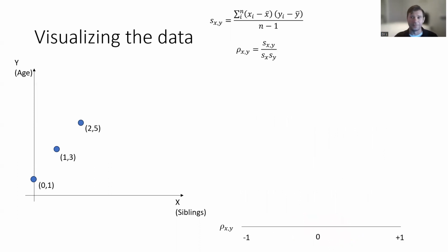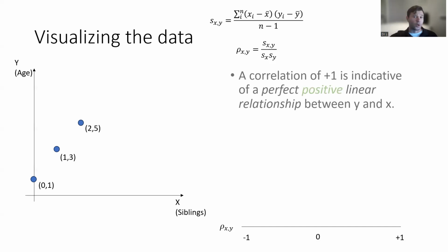And let's now think about how the absolute scale of correlation helps us with identifying the strength of relationships. If we have a correlation of +1, this is going to correspond to what we call a perfect linear relationship between x and y, where you could think literally we make a scatter plot and all of the data points fall on the same upward sloping straight line.